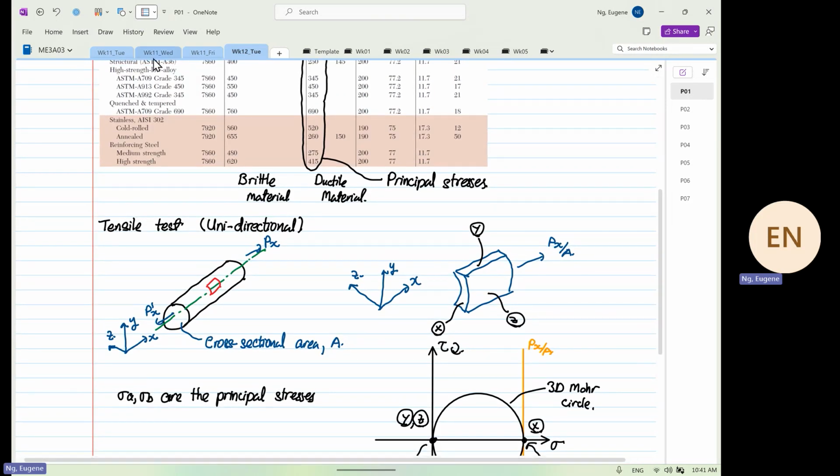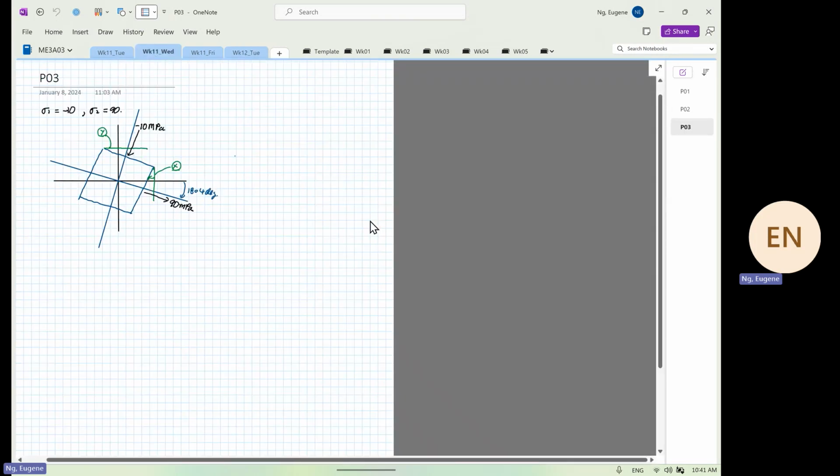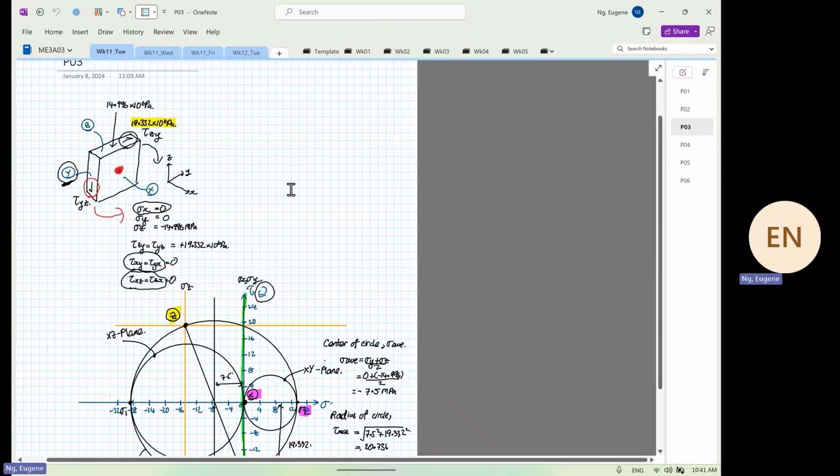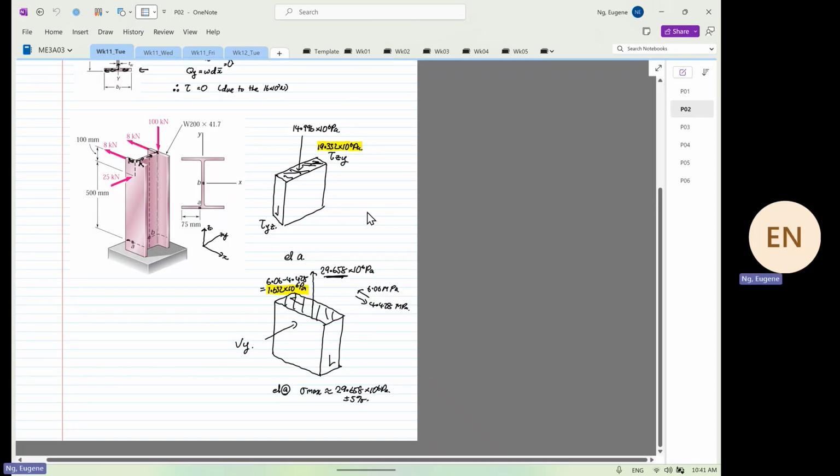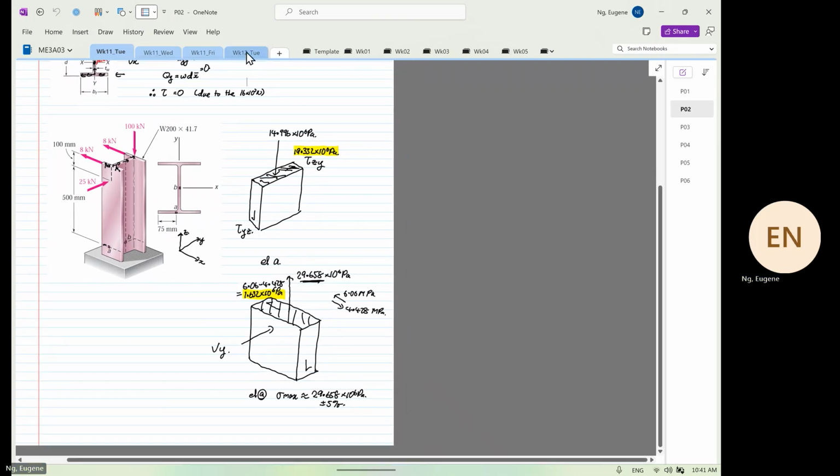So now, if we're going to pick a stress state, I don't know which week. We are going to pick a stress state. So this is our element A. I'm going to deal with element A. This diagram over here is week 11 on a Tuesday.